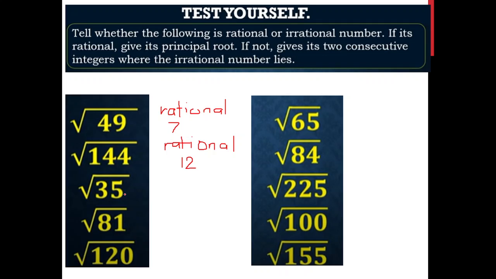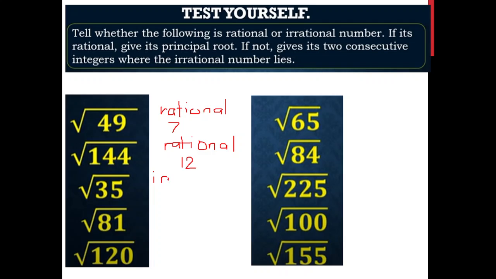How about 35? Is 35 a perfect square number? No, because 5 times 5 is 25, and after that, 6 times 6 is 36. So 35 is not a rational number.